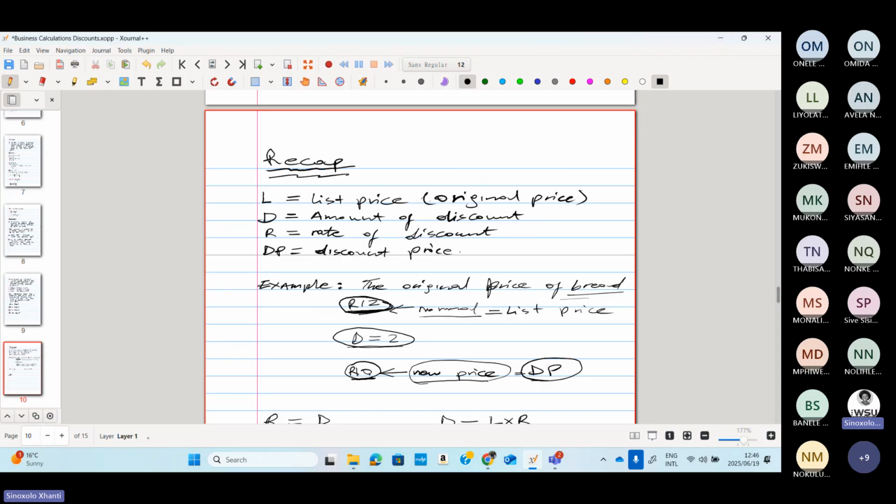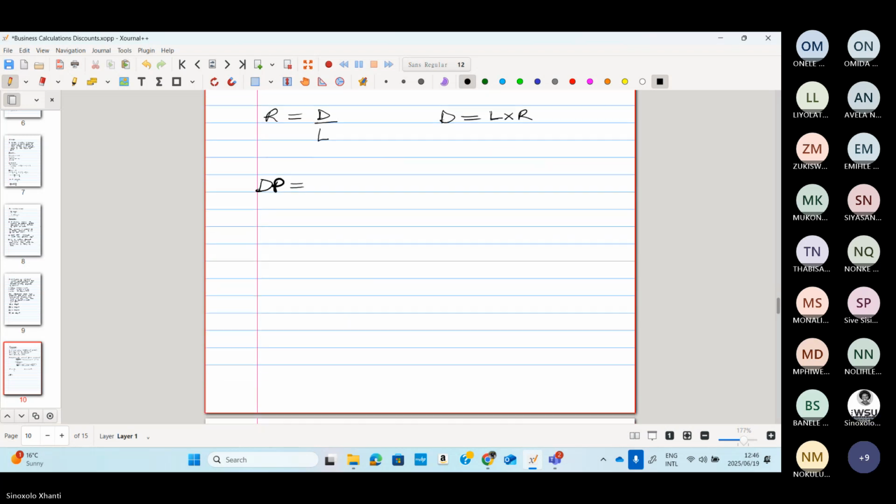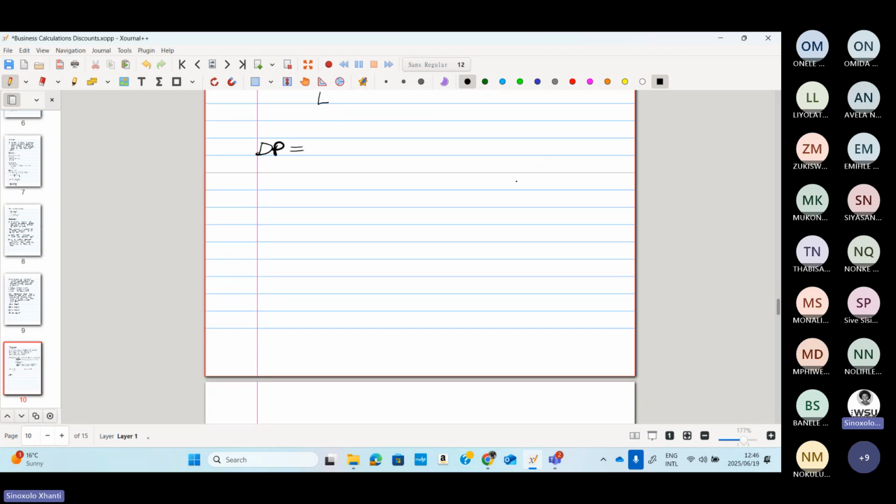And then in order to get this 10 rand here, we had to subtract this difference here. 12 minus 2 is a 10. So basically, here, this is going to be L minus D. So that is the equation for DP.